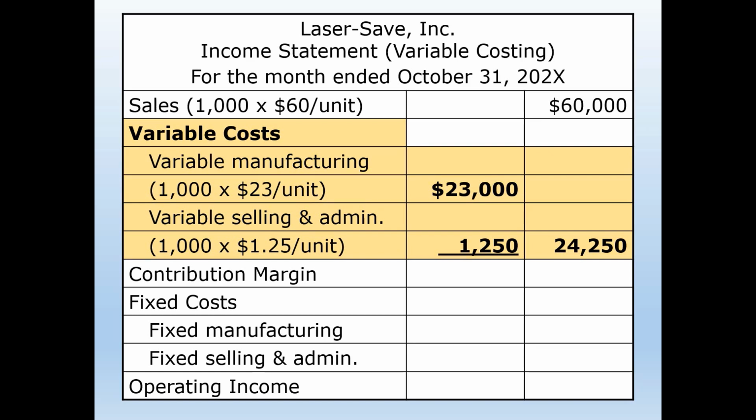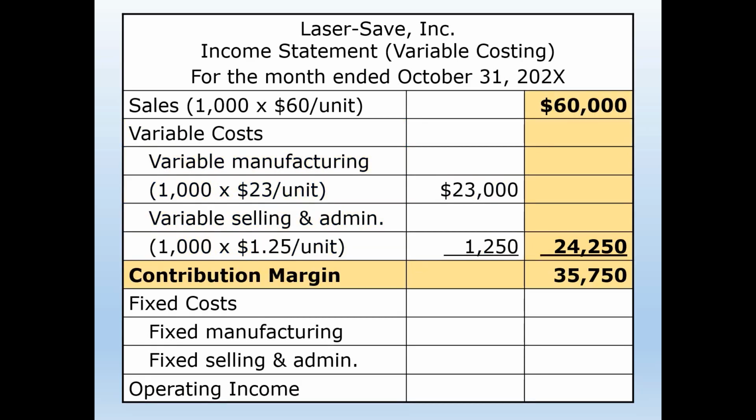Add those together and subtract the total from the sales revenue to get the total contribution margin for October.